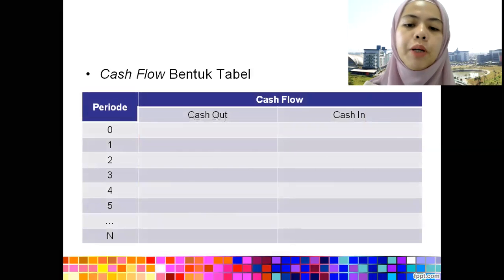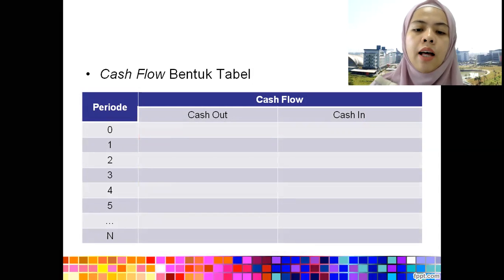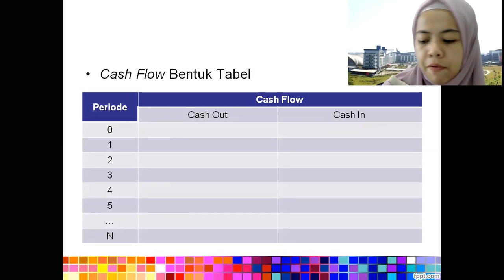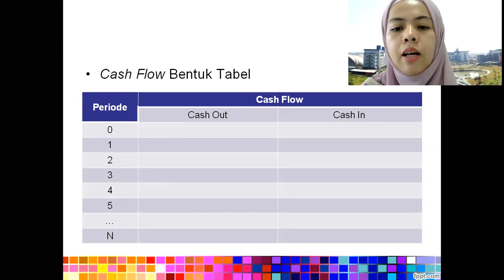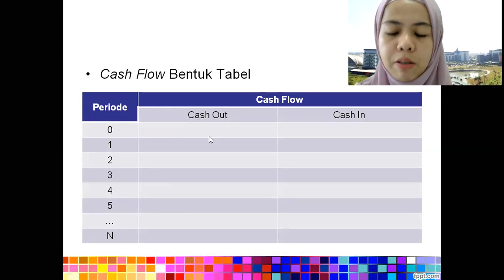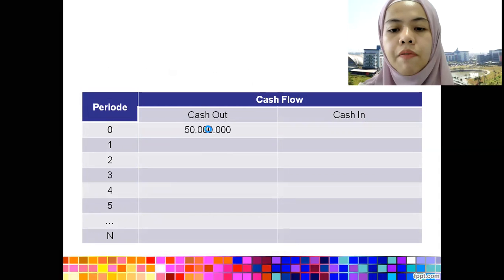So now we want to implement this into table 1. Table 1 is just like a summary of cash flow situations. By using the end of period convention, we start with the zero number. It means our investment will be put in cash out: 50 million.